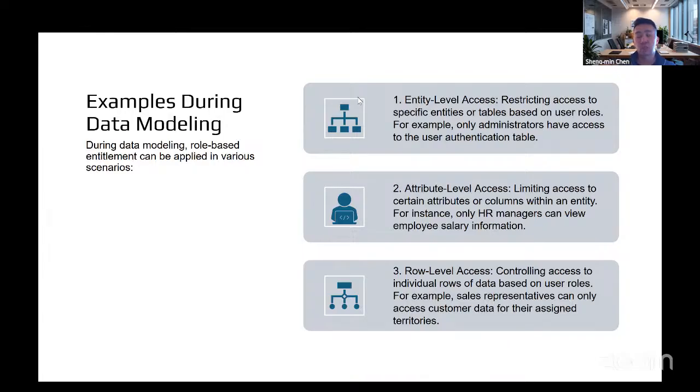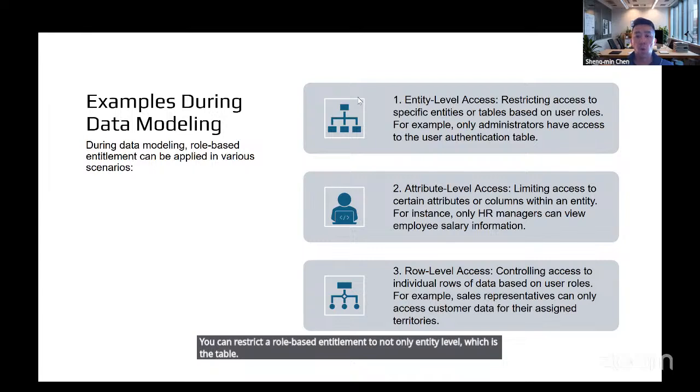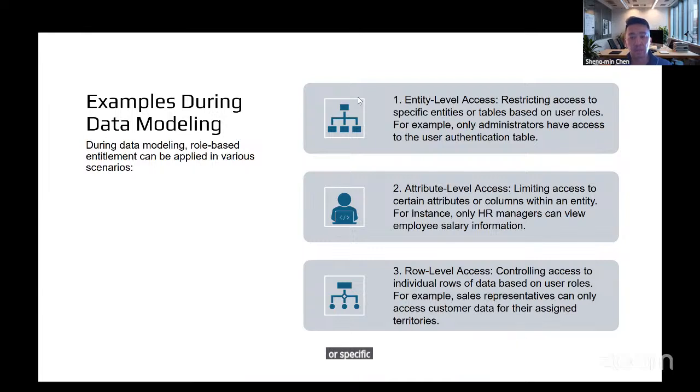you can restrict a role-based entitlement to not only entity level, which is the table, or specific columns, but you can actually also restrict access to rows. Okay. And in that case, a row, in addition to column level access, it could be even as small as one single cell.